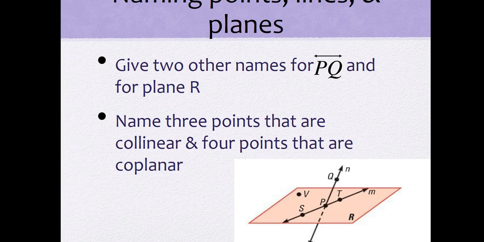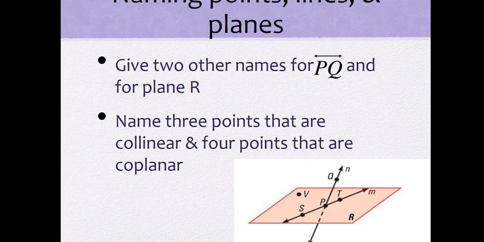So let's practice some naming of points, lines, and planes. So you can pause and try these 2 problems by yourself, and then come back and get those answers. So give 2 other names for line PQ. So make sure you're reading this as line since it has 2 arrowheads on it.